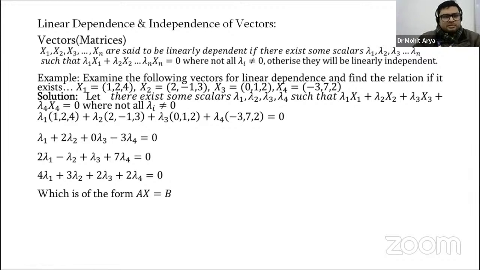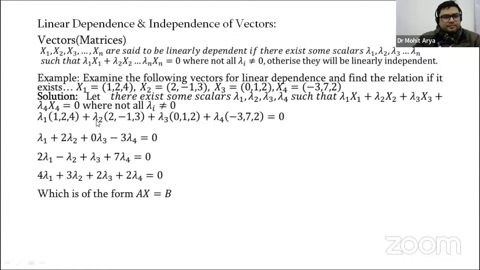So here we will convert this particular equation into the form of a system of equations. This system of equations will be directly related to the assumed scalars, lambda 1, lambda 2, lambda 3 and lambda 4. We multiply lambda 1 with the first element of the vector x1, so there will be lambda 1 into 1, that is lambda 1.